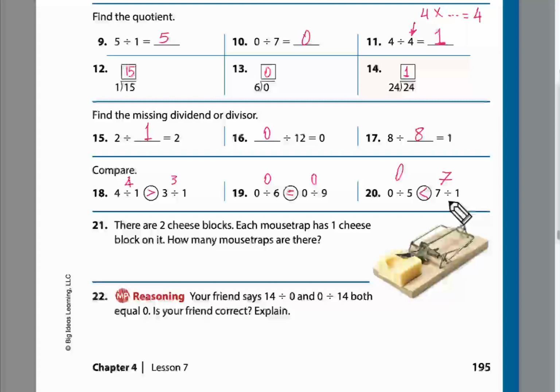Ibrahim? Okay, Ibrahim, go ahead. Read the question. There are 2 cheese blocks. Each mousetrap has 1 cheese block on it.